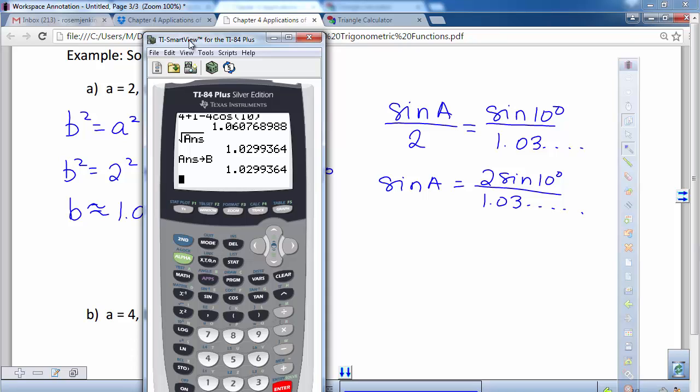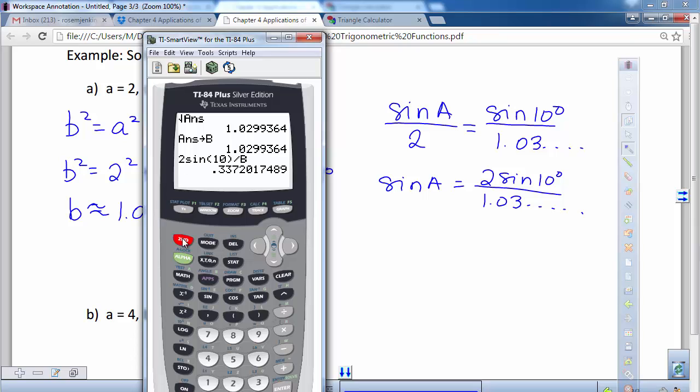Okay, and so on the calculator, 2 sine 10 divided by alpha b. So I get sine A is equal to approximately 0.3372. And of course, I want to know what A is, so I'll use sine inverse.